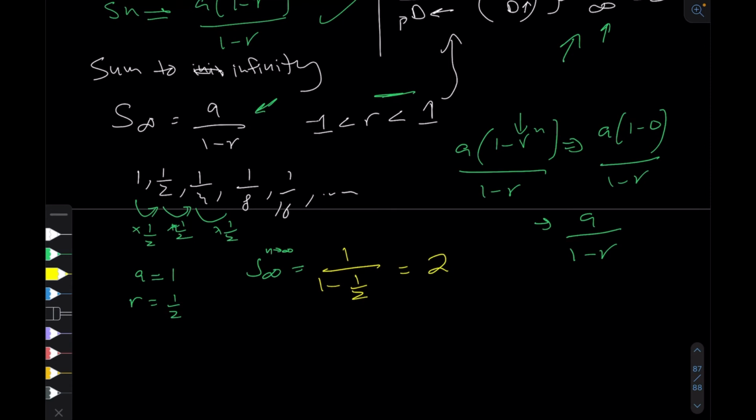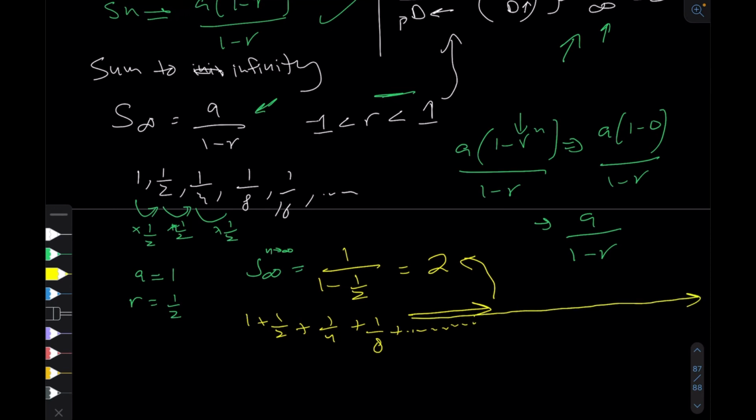Right? And what this is saying is that 1 plus half plus 1/4 plus 1/8, and all the way you can go, the more you are adding up the terms, the closer you will get to 2, right? And if you could somehow keep on adding all the way to infinity, you will get to 2.